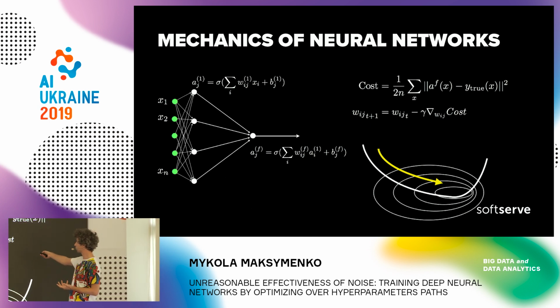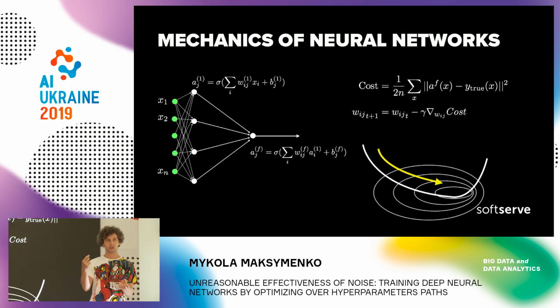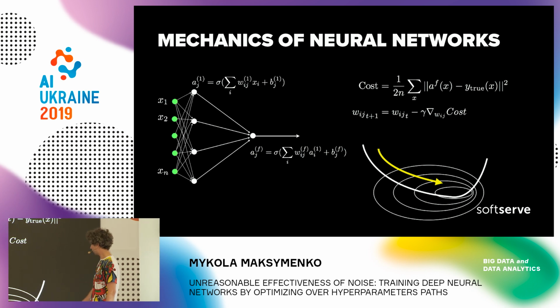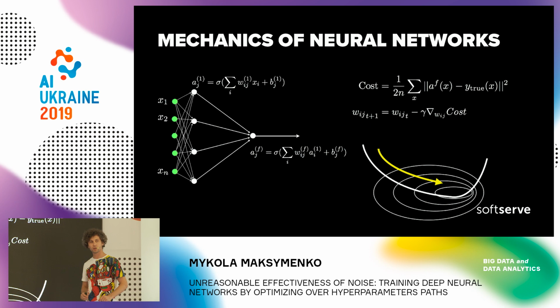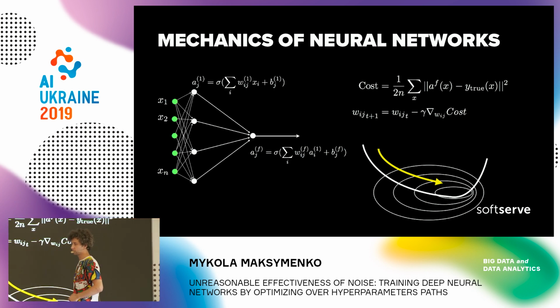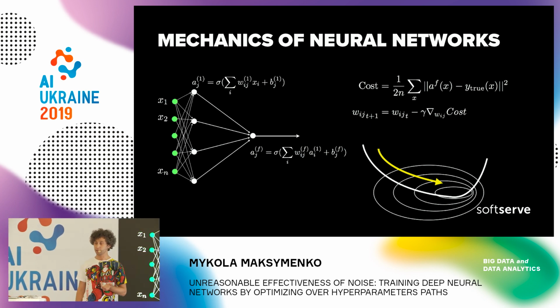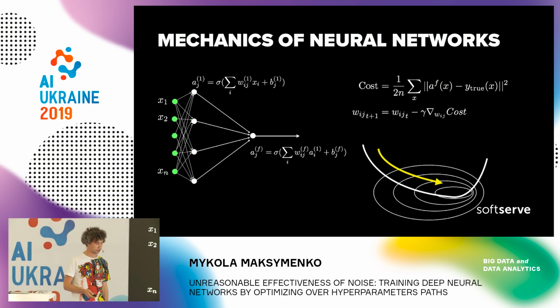We have some cost function, which in this particular case is the difference between true labels and predicted labels, and then we try to optimize this cost function by stochastic or non-stochastic gradient descent. When we go to the global or semi-global minima of this function, we say that our model is trained, and it predicts proper labels for our data, right? It might be classification, but might be other models as well.